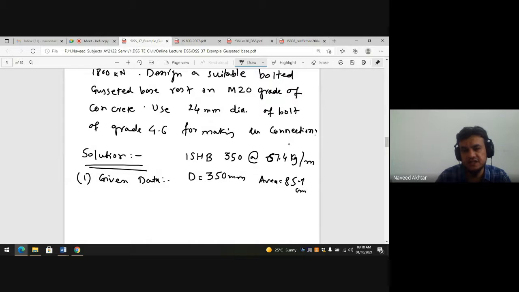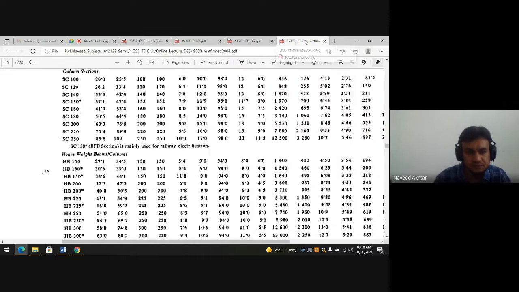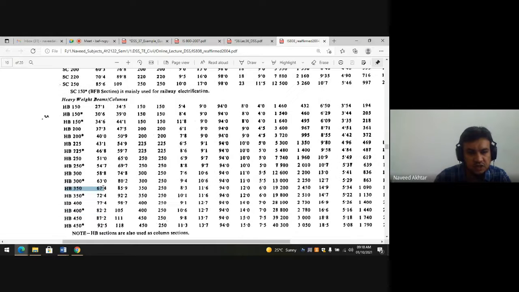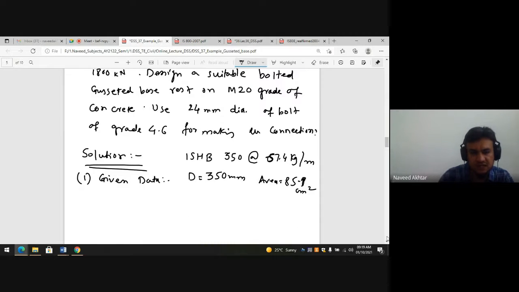Then you can see the depth is 350 and the width of flange is 250. You can see as you proceed forward. This is area, this is depth 350, this is the flange width 250. The width of flange BF is 250 mm.